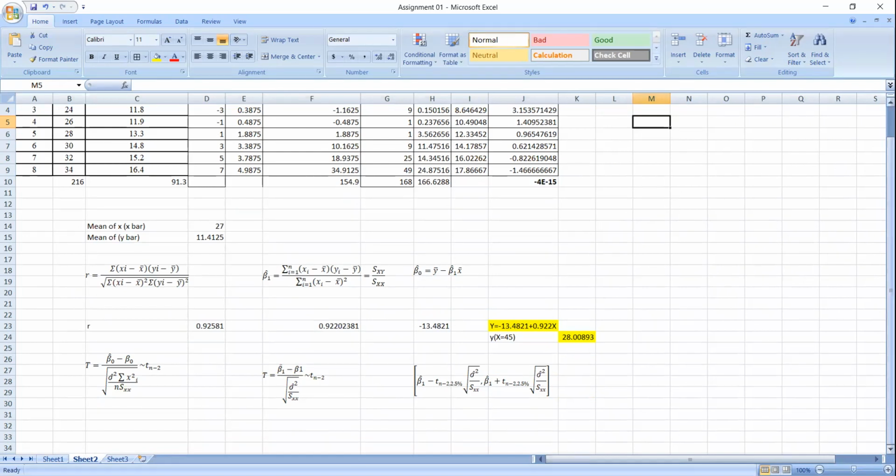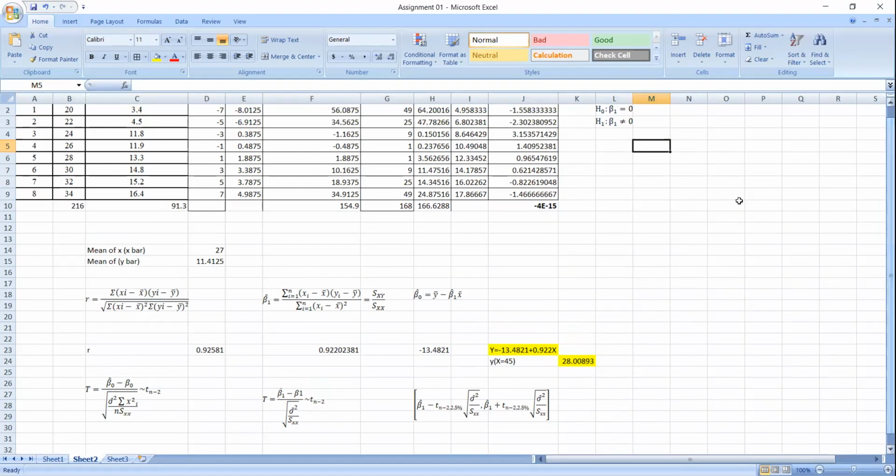So if you calculate the test statistic in this case, the first task is to calculate the test statistic, capital T. Now the test statistic is equal to beta 1 hat. So beta 1 hat value is this one, 0.922. And that one you have to divide by the square root of sigma square hat over Sxx. Right?